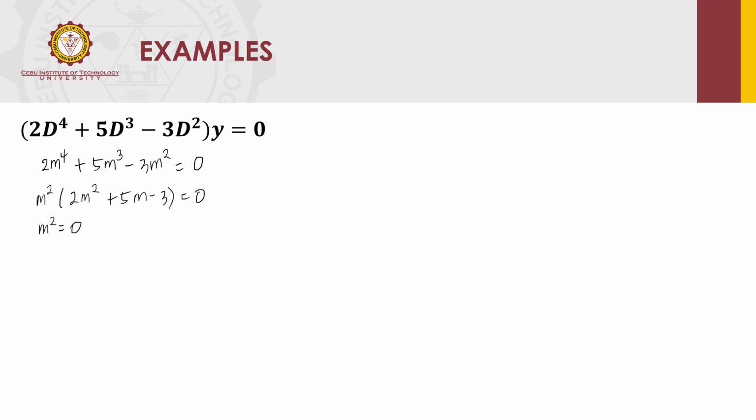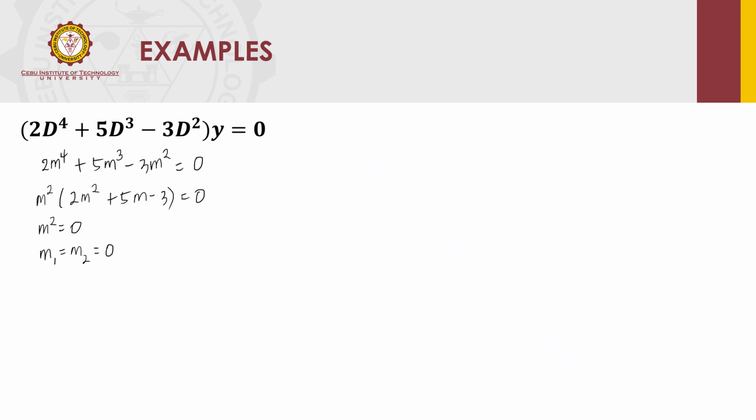So we have two values of m, which are the same, equal and real. Therefore, this belongs to case 2, for repeated real roots. So we have m1 and m2, both of which are 0.